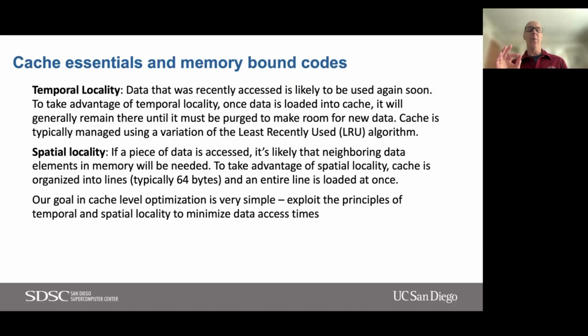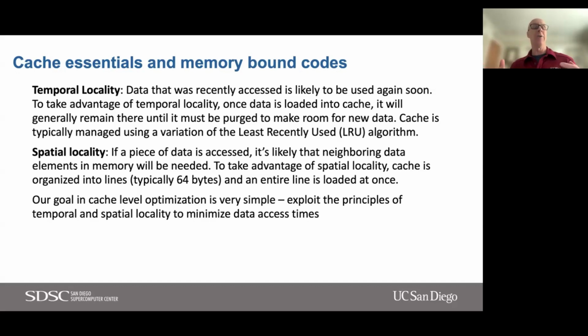So what we're going to try to do when we're optimizing our code is take advantage of what we call temporal and spatial locality. The principle of temporal locality is that data that was recently accessed is likely to be used again soon. So if we want to take advantage of temporal locality, once we load data into cache, it's going to remain there until it has to be purged to make room for new data. And cache is typically managed, and this is done by the CPU, not by the programmer, using a variation of a least recently used algorithm.